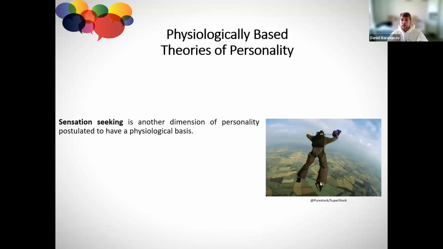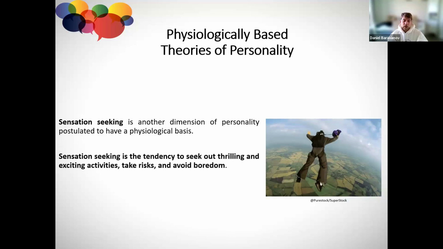Another difference between people is their need for new impressions, so-called sensation seeking. In the last lecture, we already discussed this a bit as one of the findings in molecular genetics, that there are genes responsible for that and we can detect them.